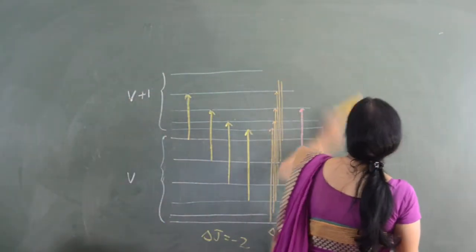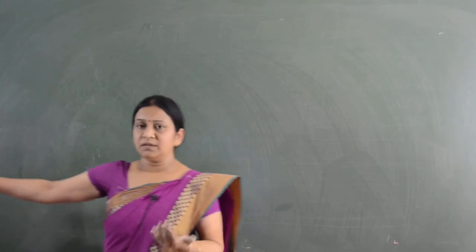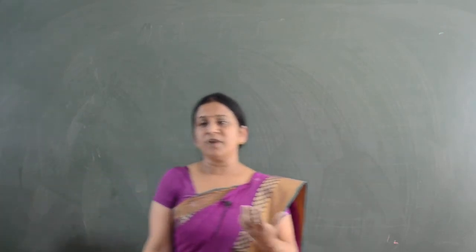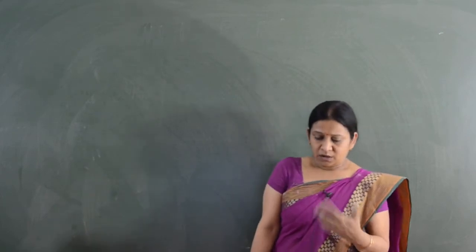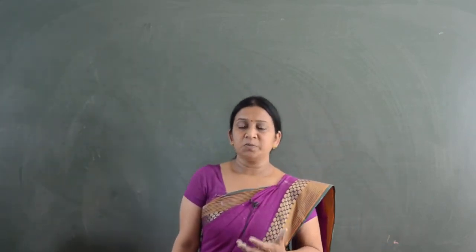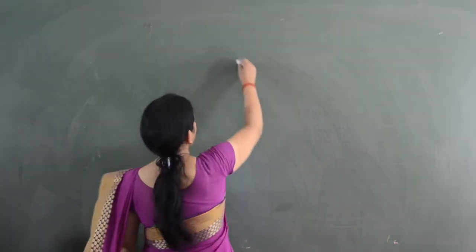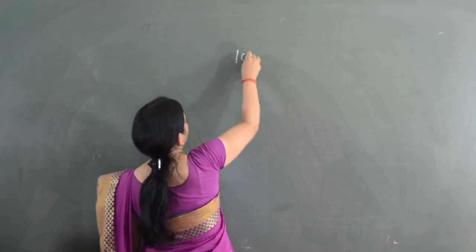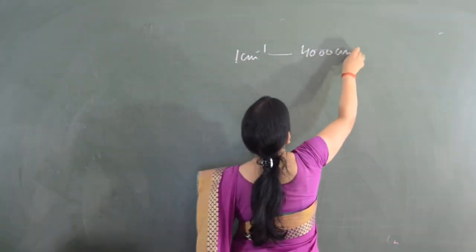So initially we considered rotational spectra in Raman, then we considered vibrational spectra in Raman, and in the last we considered rotational vibrational spectra in Raman. Now in the starting of the lecture I told you that IR spectra and Raman spectra, they are complementary to each other. Why? Because the Raman spectra, the range is 1 centimeter to 4000 centimeter inverse.